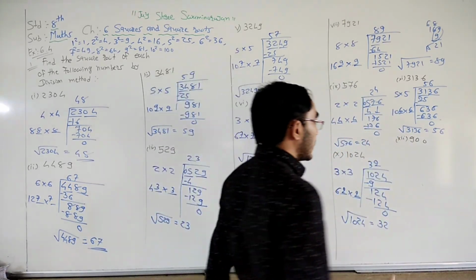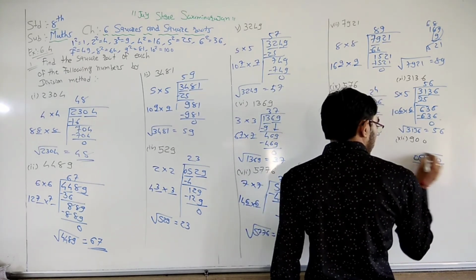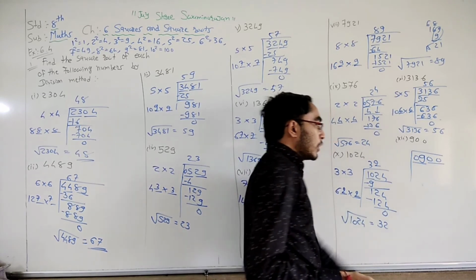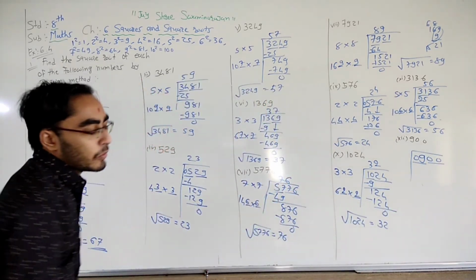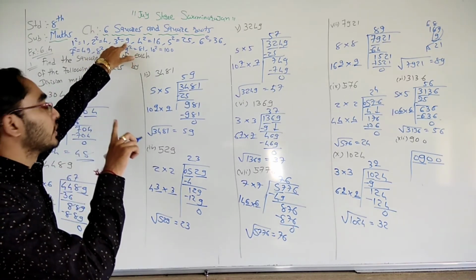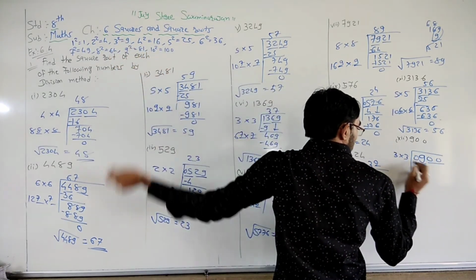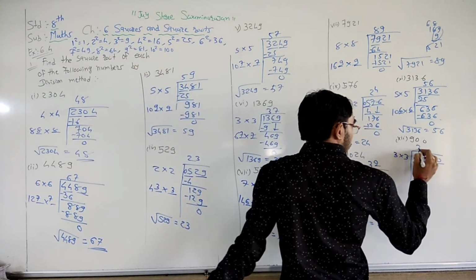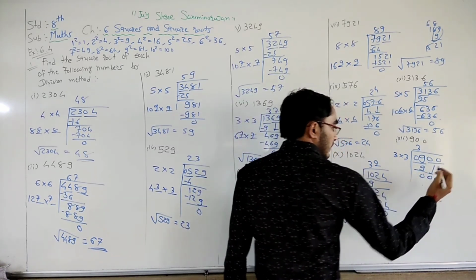And the last question is 900. Make pairs of 2 digits. First of all, our first pair is 9. Exactly 9 we have, so we need to take this number. 3 squared is 9. So 3 times 3 is 9, remainder 0. Here we need to put 3. Now this 00 comes here.